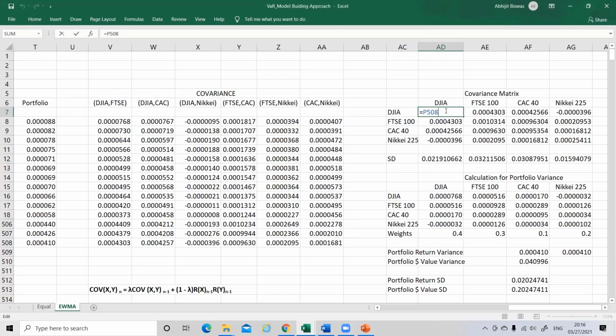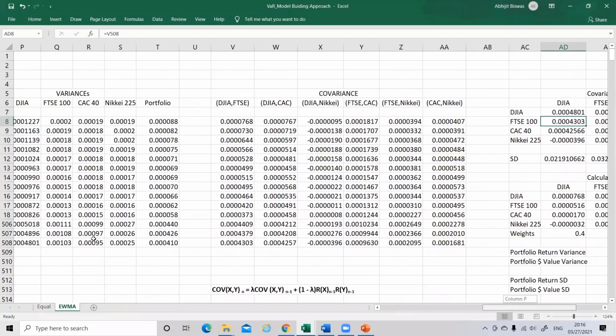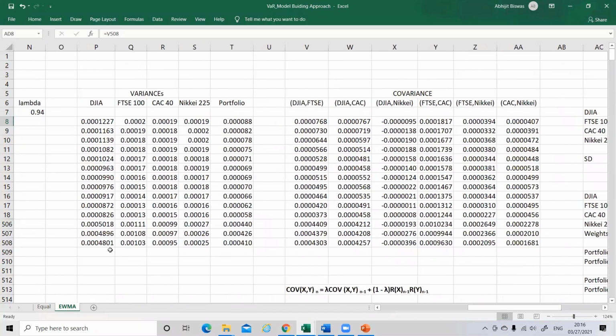You have already calculated till P507. So go to P507, and just drag it down for P508.